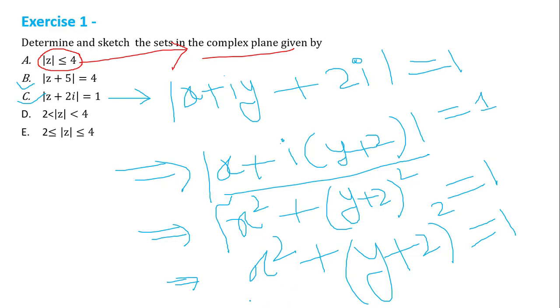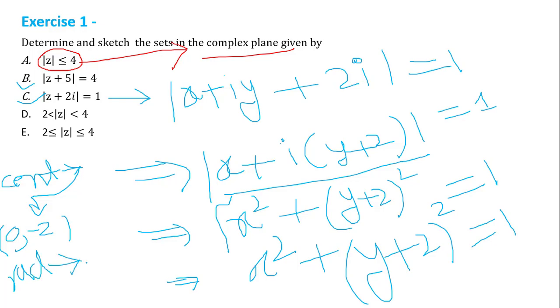What is this? This is a circle. Try to find the center. The center is 0 comma minus 2. Comparing with x minus a whole square plus y minus b whole square equal to radius square, the radius will be 1.